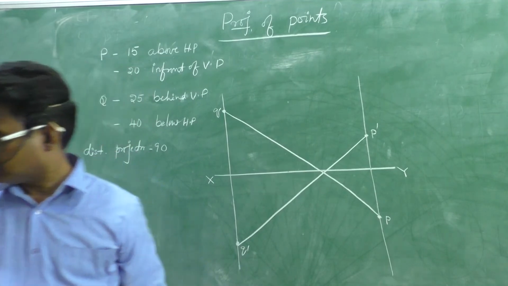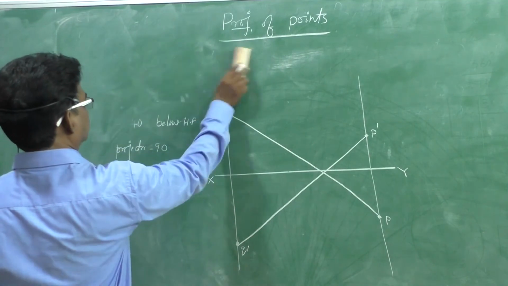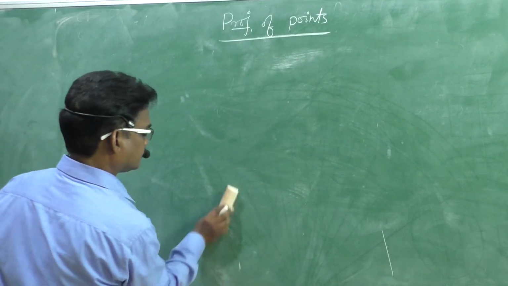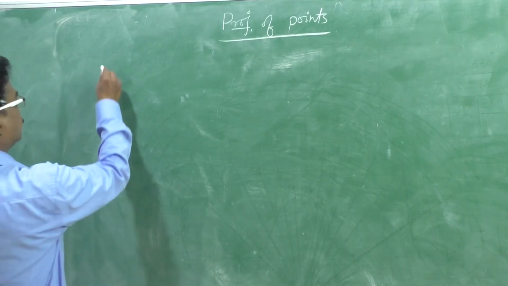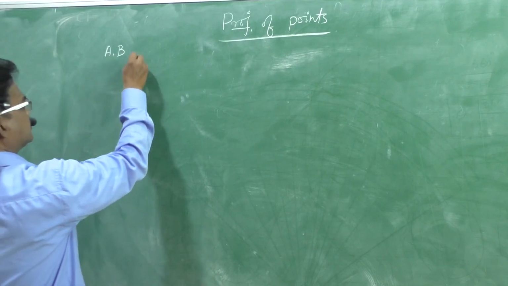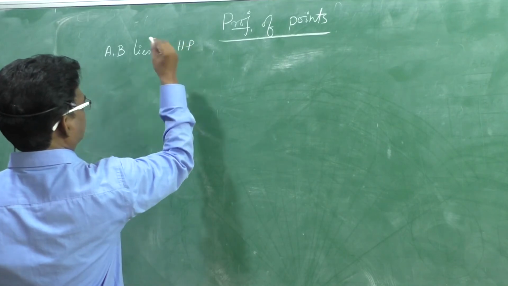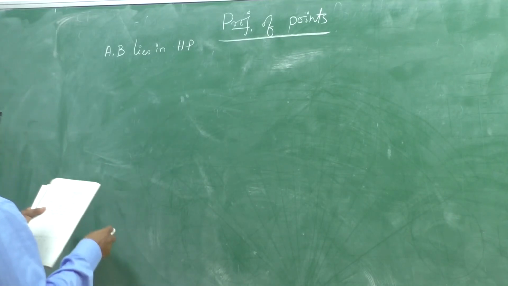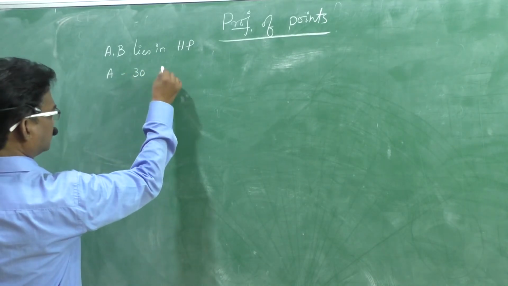Now first try to understand the given problem clearly. Two points are given, A and B, and both the points lie in the HP, horizontal plane. Point A is 30 mm in front of VP.